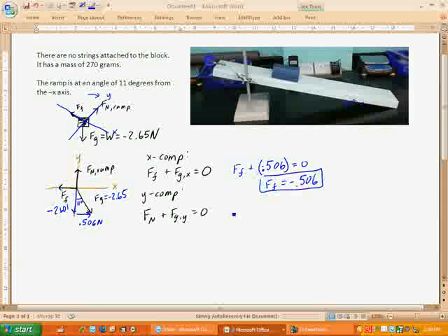And then the normal force, right, plus the force of gravity in the y direction, which was negative 2.601, right? So I add 2.601 to both sides, so the normal force is 2.601. Okay, so that is the magnitudes of the frictional force and the normal force.